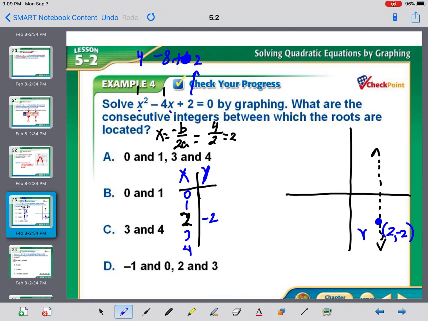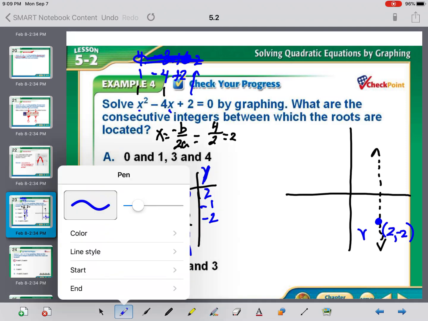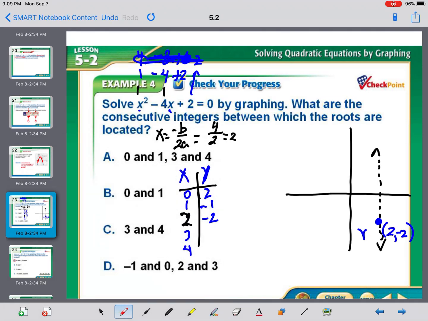So I'm going to try something like 0 and 1 and 3 and 4 for my x's, and then I'll find out the corresponding y's. First of all, I put 0 in, I get 2. So that's pretty easy. If I put 1 in here, I get 1. Put 1 in for the linear x, I get negative 4 plus 2. And that would be negative 1.